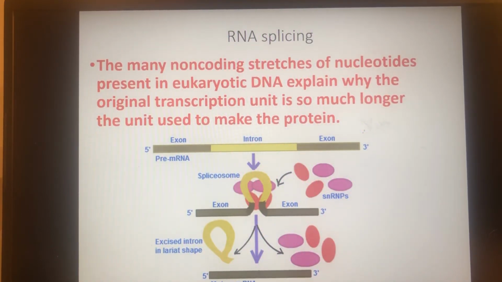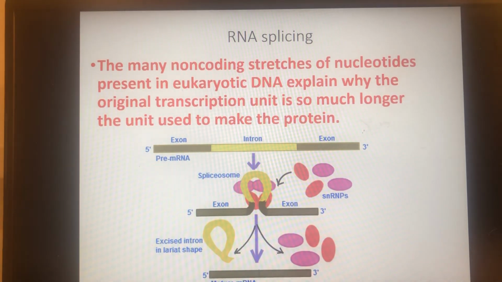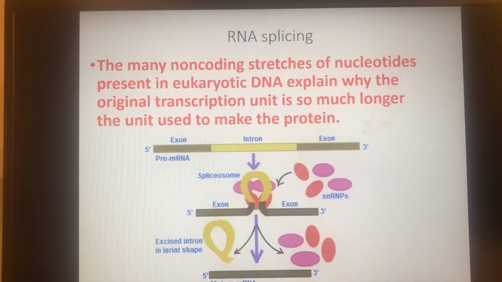Here's a test question. There are many non-coding stretches of nucleotides present in eukaryotic DNA. Explain why the original transcription unit is so much longer than the unit used to make a protein. That is due to RNA modification, right? And what that means is those non-coding regions called introns are removed.